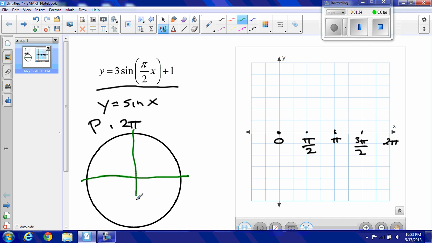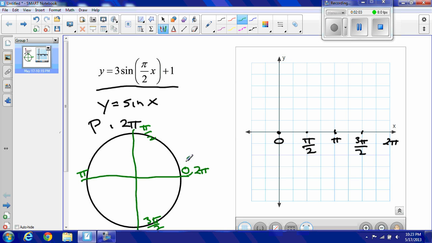And a y-axis. So I know that this point over here in my circle is my 0, 2 pi angle. This is my pi over 2 angle. This is my pi angle. And this is my 3 pi over 2 angle.